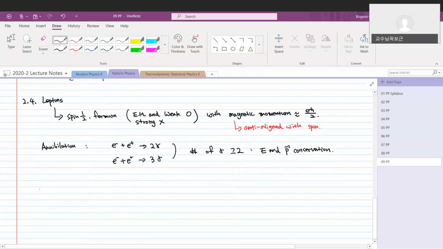And the antiparticles of muon, neutrino, muon and tau are all similar to the electron, except for their mass. The muon, due to its mass, is used to probe the nuclear charge density.